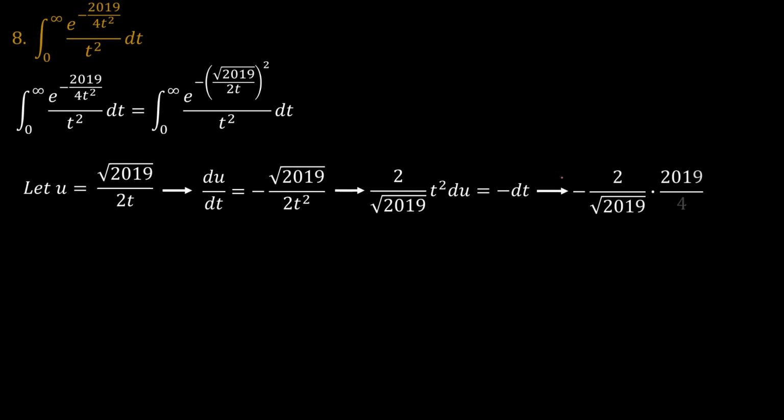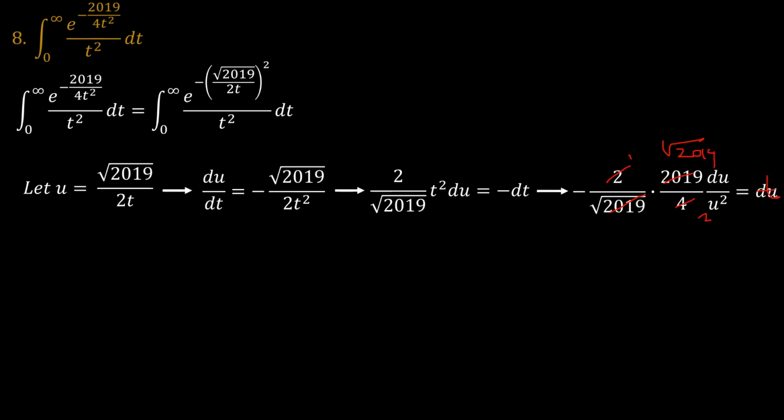And then t squared is the same as 2019 over 4 times 1 over u squared. And then we sandwich it in there so that now this comes 1, this divided by 2, and this cancels, and we're left with square root of 2019. So we're left with negative square root of 2019 over 2 du over u squared is equal to dt.